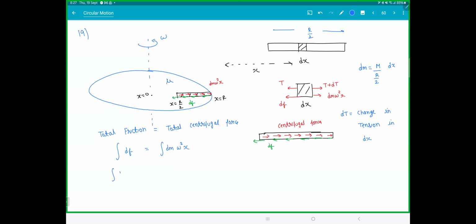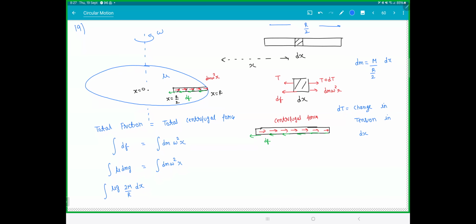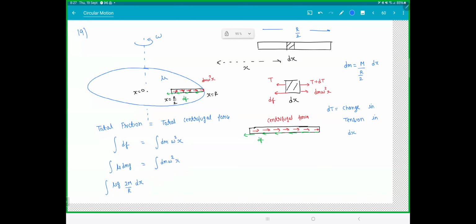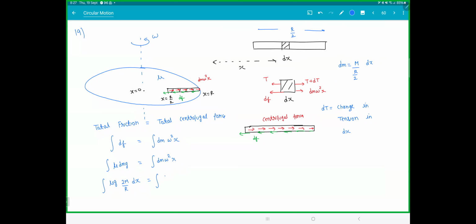And what is friction here? mu dm g. This will be dm omega square x. So bring the dm and substitute here. So this will be mu g, dm will be 2m by r dx. And this will be 2m by r omega square x dx.